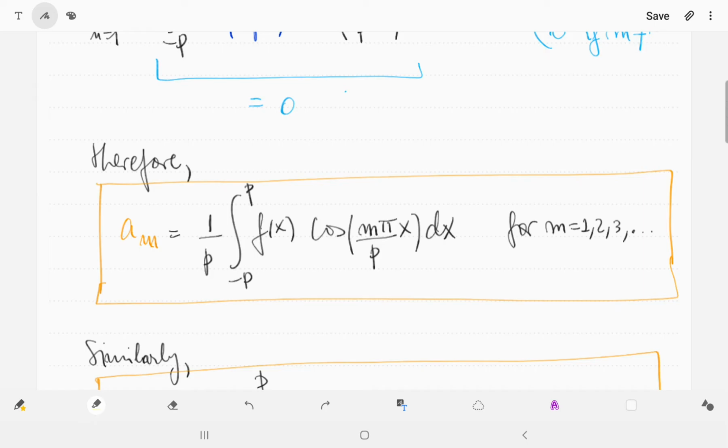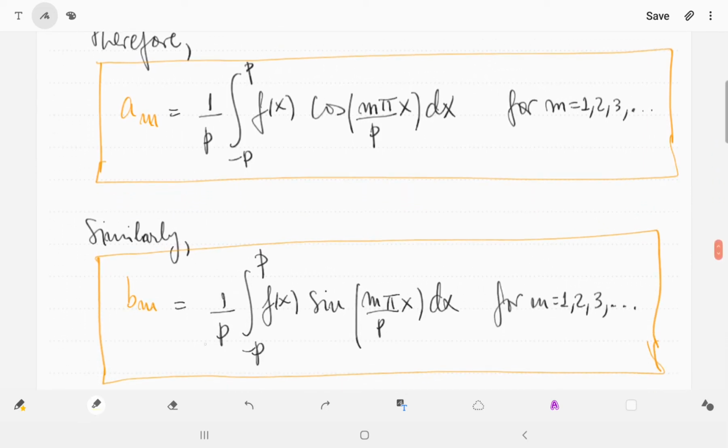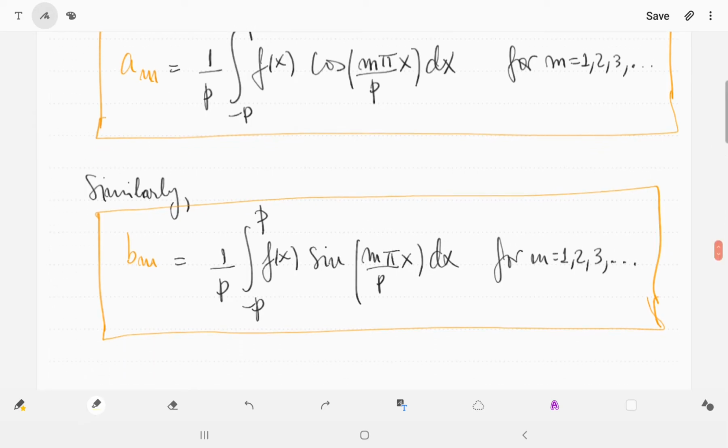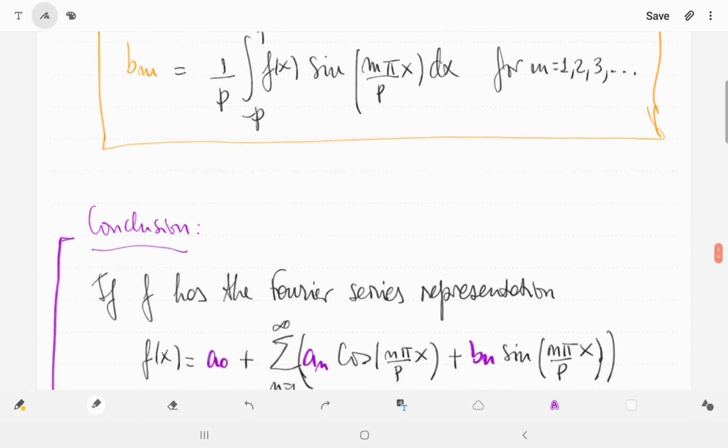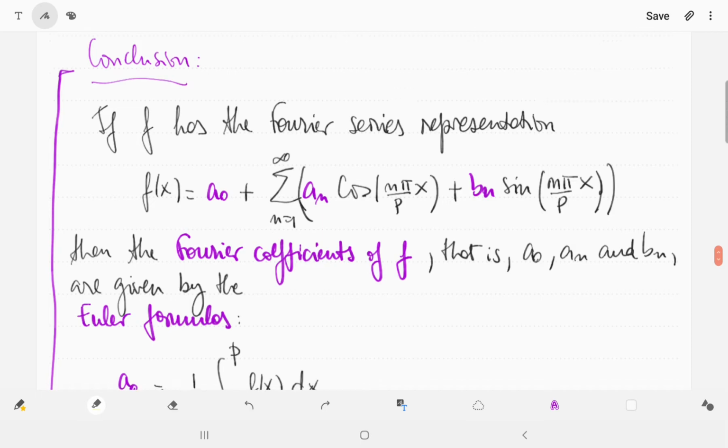We get am by integrating f times cosine m pi over p x, and as you can imagine, we get bm by integrating f times sine m pi over p x, and we get this expression, again using the orthogonality relations that we saw before.